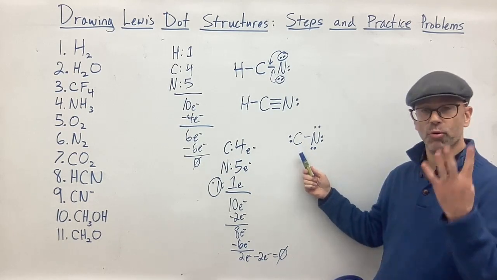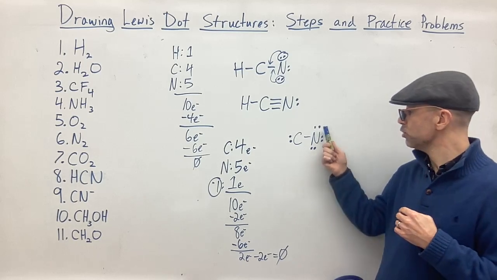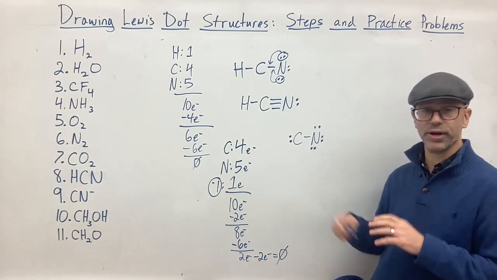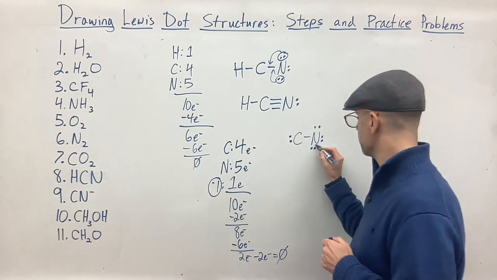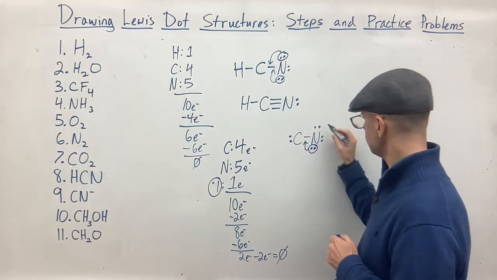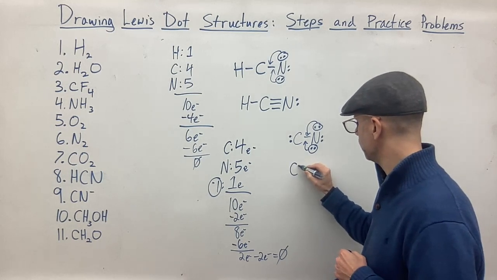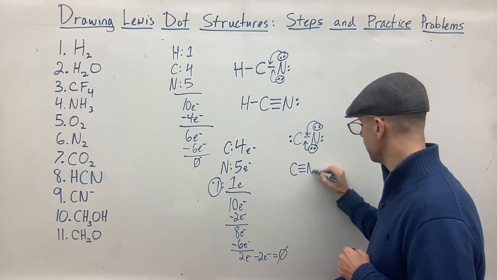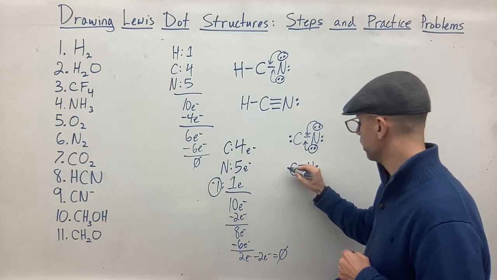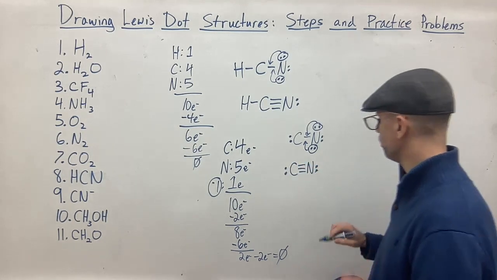So since we need 4 more electrons for our carbon, we're going to have to move 2 lone pairs to create a triple bond again. So we have to move these 2, and so we get carbon triple bonded to nitrogen. Both of them are going to have a lone pair.